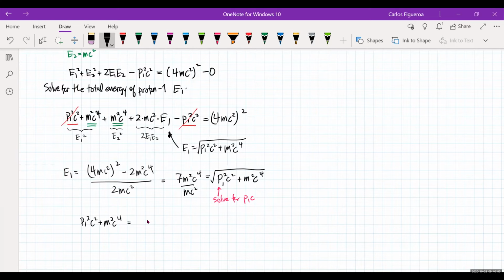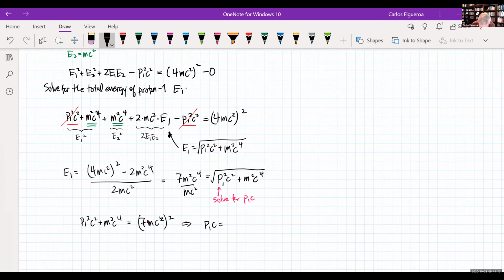Oh, Josh. Yeah, so then this should be 7mc squared, and then this will be squared. So then this tells me here that I'm going to get P1C, and if I bring this to the other side, note this is 49, this is 1.